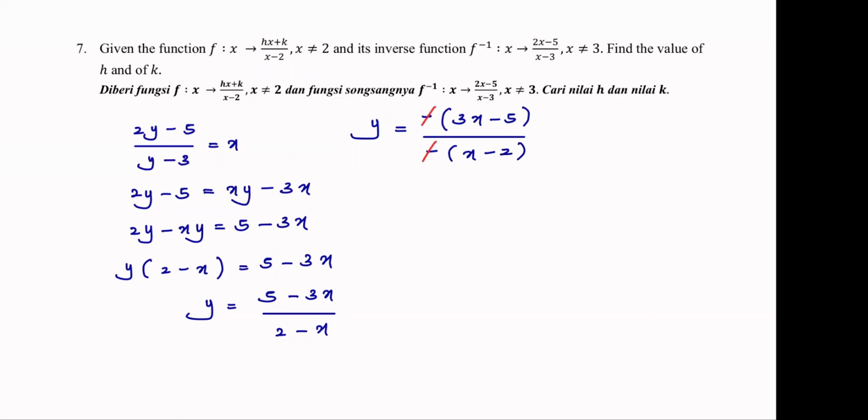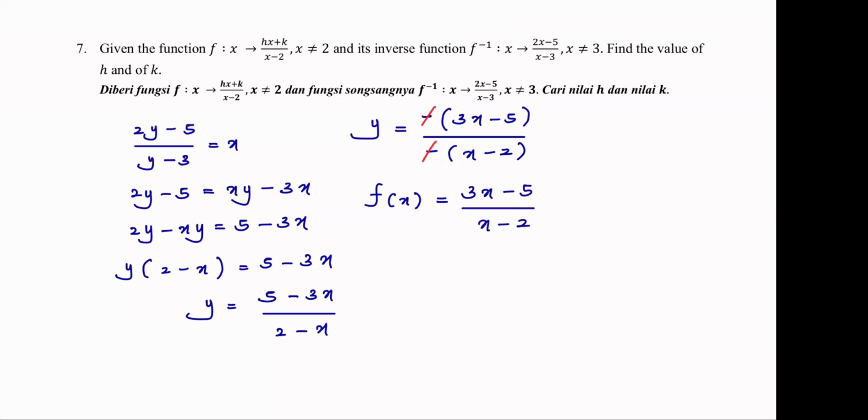So that's the purpose, class, I'm doing this. Okay. So I think I already have my inverse. So my f inverse, not f inverse, fx. Because from the inverse, I change back to fx. So my fx is 3x minus 5 over x minus 2.